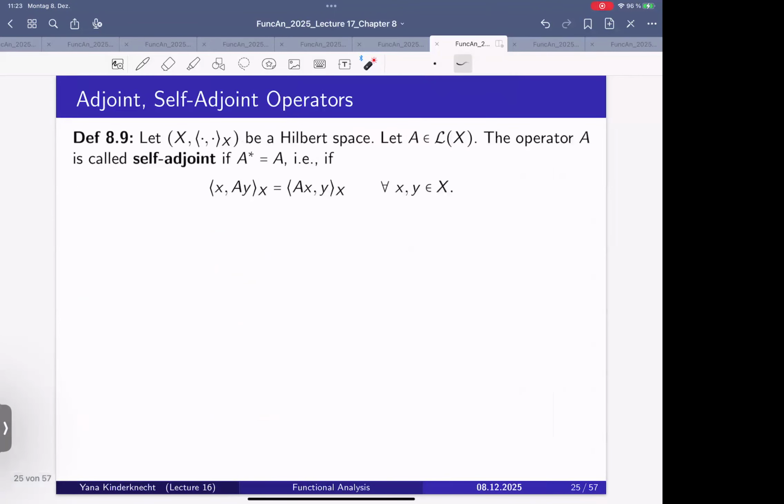So, definition. Let X be a Hilbert space, let A be a bounded linear operator. The operator A is called self-adjoint if A star is equal to A, that is, we have this formula. Now you see you need A star to act on the same space.